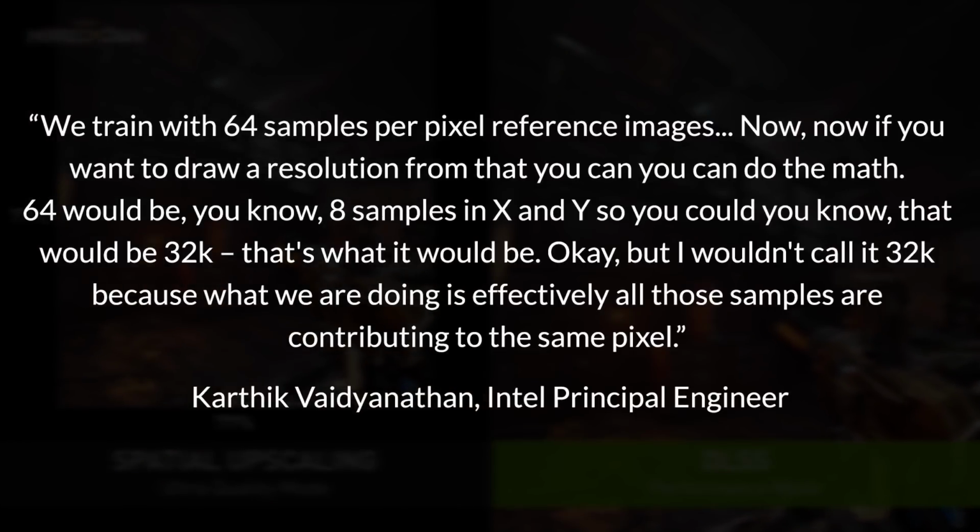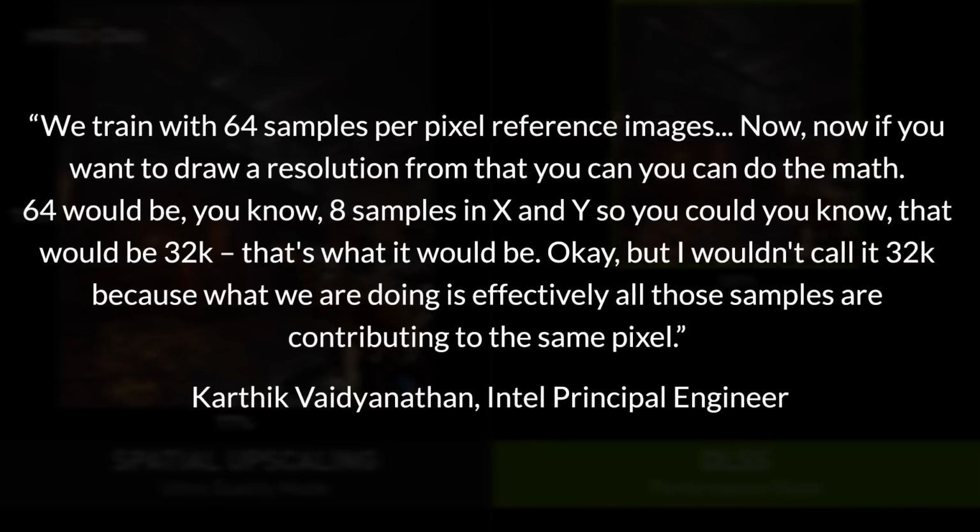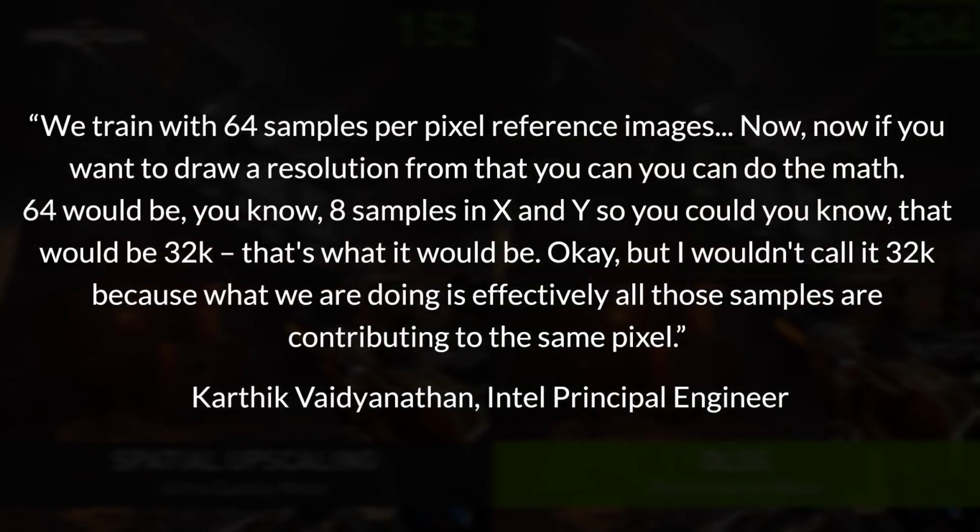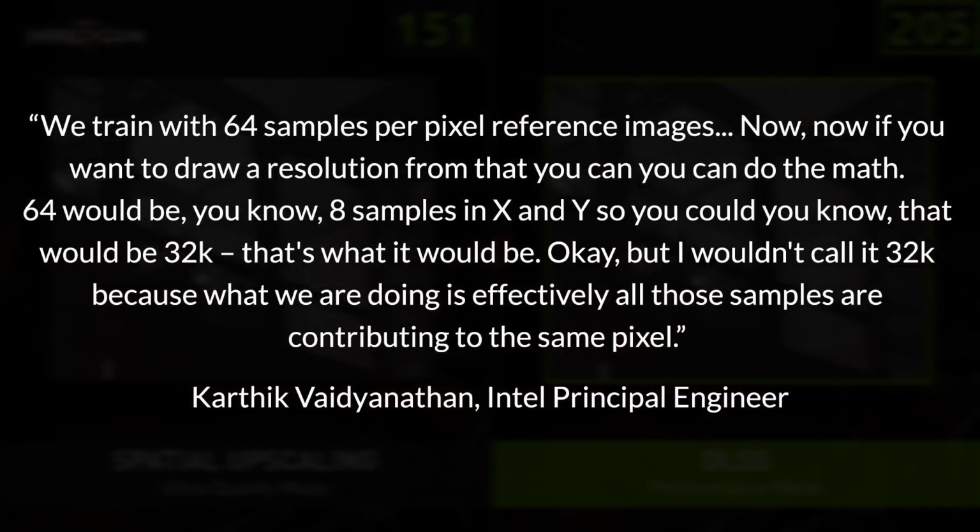Now, if you want to draw a resolution, you could do the math. 64 would be 8 samples in X and Y, and that would be 32K, which would be okay, but I wouldn't call it 32K, because what we are doing is effectively all of those samples are contributing to the same pixels.